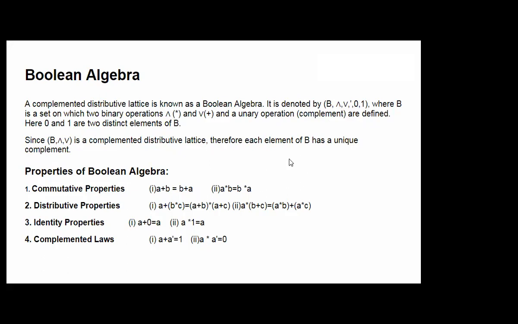Which are two elements of B? 0 and 1. 0 complement is 1 and 1 complement is 0. Those are unique ones. That is unique one. So here it is given as each element of B has a unique complement. Then what are the properties of Boolean algebra?